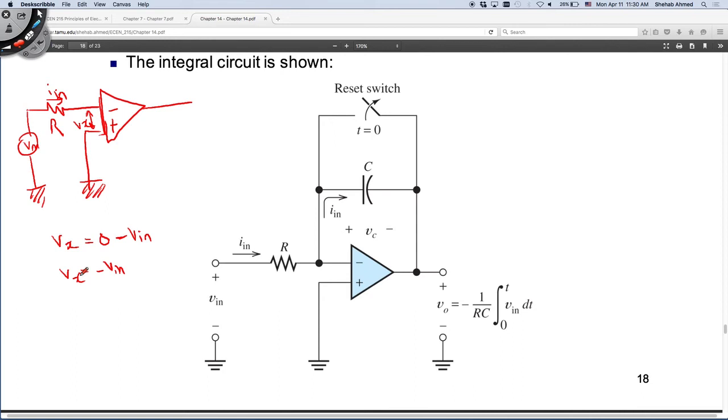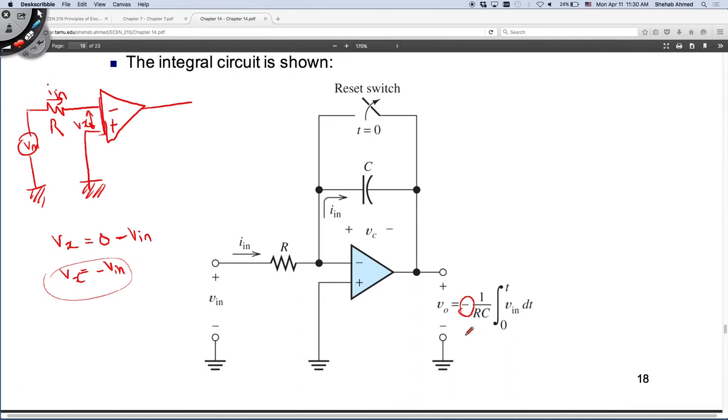So I need to provide feedback, right, so that I fill in the space of this 0. So I will provide feedback here. I provide negative feedback. Why? So I know that the output is a large negative number, right? We've established that the output will be negative, okay? Do we agree with that?